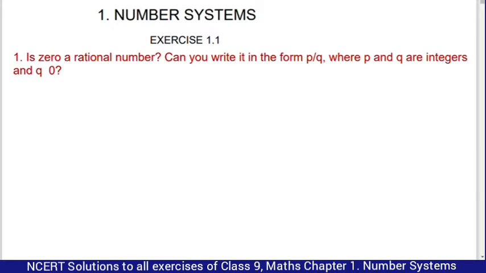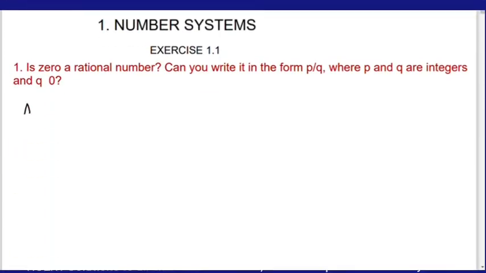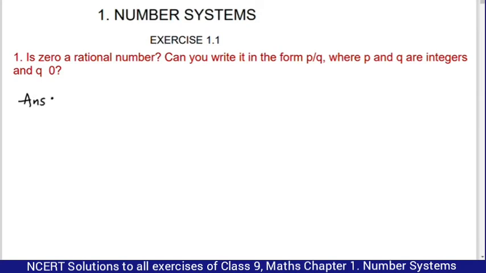Is 0 a rational number? Can you write it in the form P by Q, where P and Q are integers and Q is not equal to 0? Answer: yes, 0 is a rational number. 0 is also a whole number, but it is not a natural number.